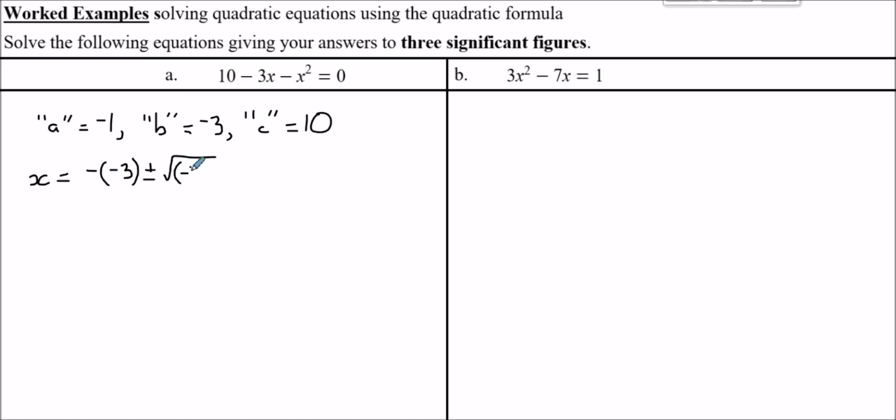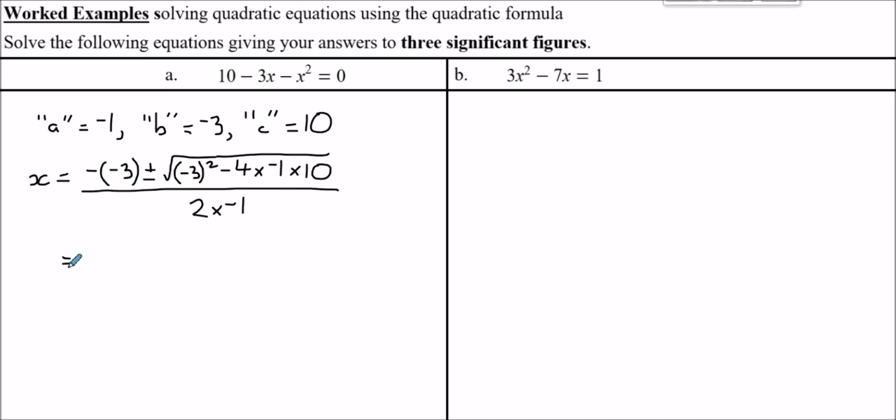Well, b is minus 3, so minus 3 all squared, minus 4 times a, which is minus 1, times c, which is 10, all over 2 lots of a, so all over 2 multiplied by minus 1.